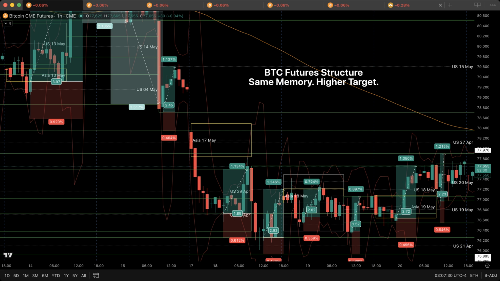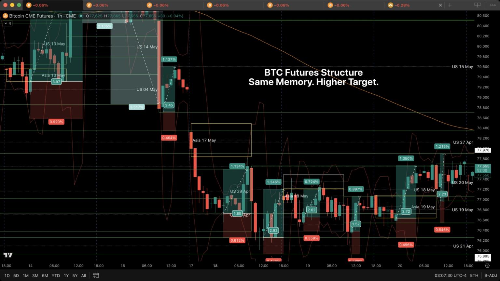The first target is the May 20th U.S. upper boundary because the first job is to complete the session rotation. Then, if price holds and presses higher, the trail reaches the lower boundary of the April 27th U.S. session box. Risk-reward ratio, 2.23.